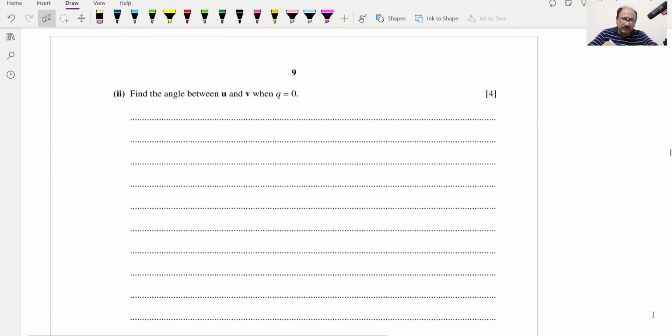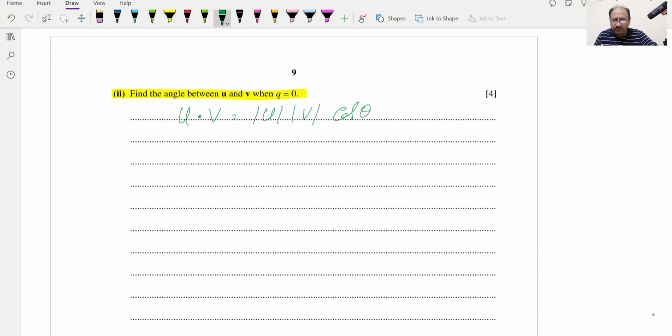Now the second part says find the angle between u and v when q is equal to 0. We know that u dot v is equal to u magnitude into v magnitude cos of theta.